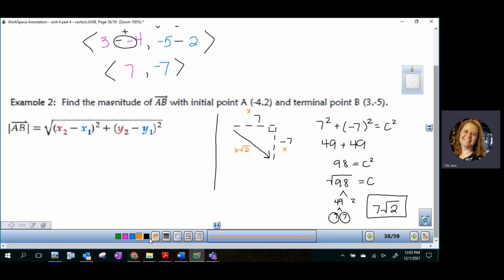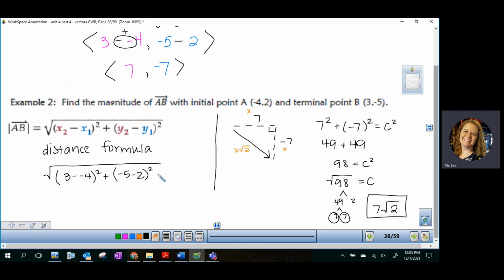Okay. Now, the other option, if you don't have it in component form already, let's say we hadn't done this already, which, I mean, this is the exact same initial and terminal points, the same vector we're using here. You could use distance formula. So you could plug into distance formula, and that would be 3 minus -4 squared plus -5 minus 2 squared.